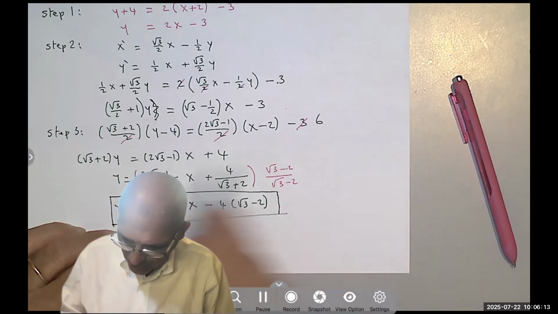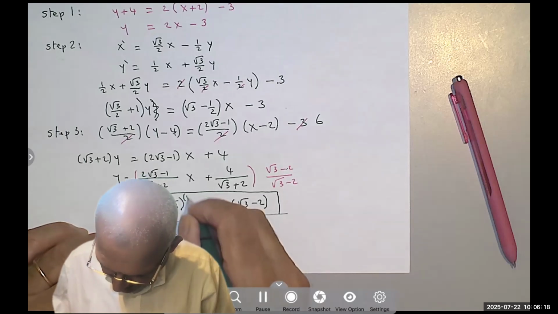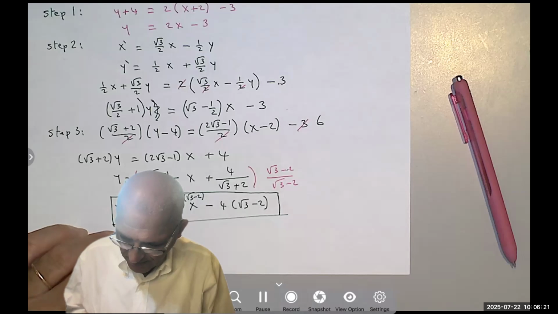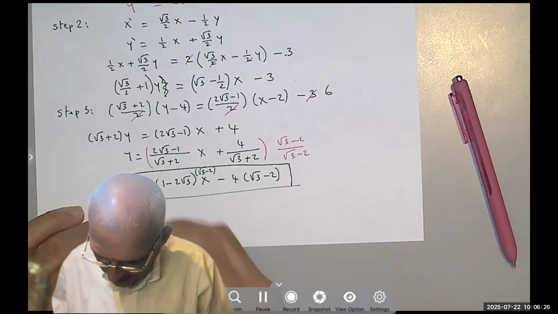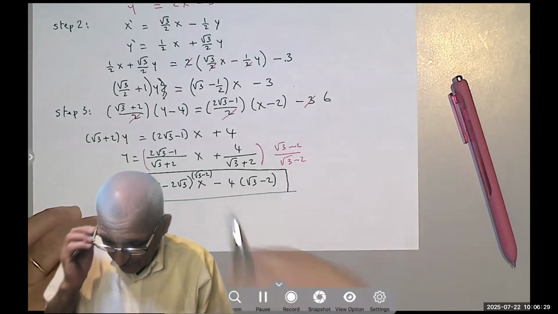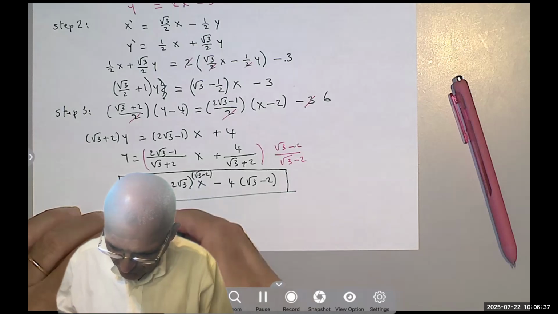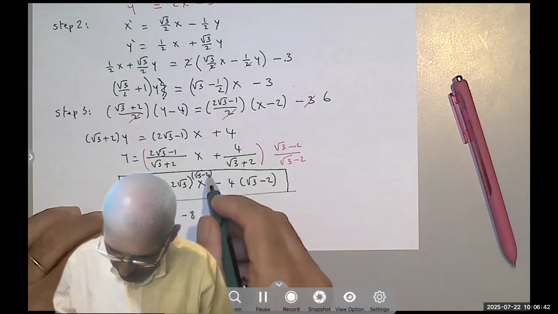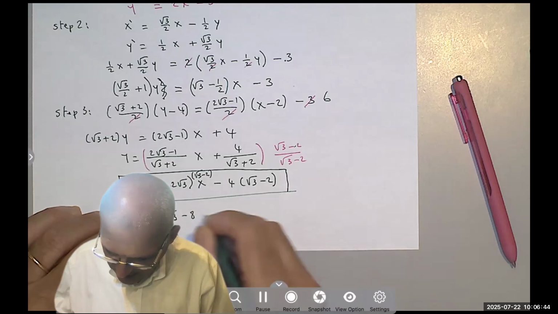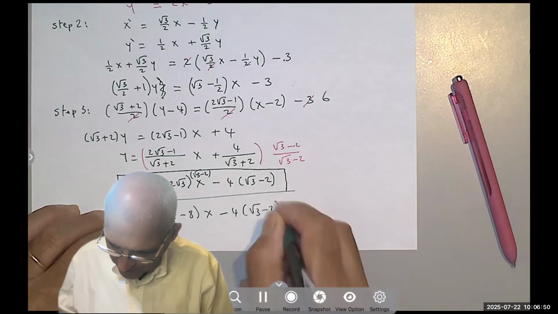I divided by negative 1, so that would be 1 minus, I forgot to multiply that by root 3 minus 2. I multiplied it here, but not there. So for the constants, I have negative 2 root 3 times root 3 is negative 6, minus 2 is negative 8, and then I have 1 minus 2 root 3 x minus 4 root 3 minus 2.